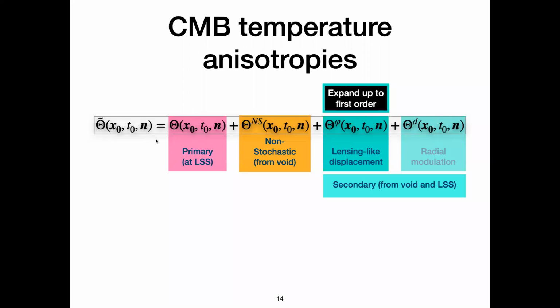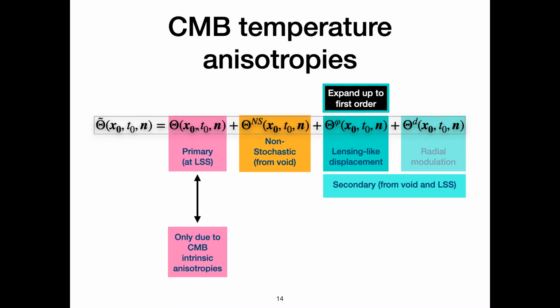The total temperature anisotropy can be expanded into mainly three factors, but there is also an additional fourth factor, which is not relevant here because it is very subdominant with respect to the other three. Starting from the left, first is the primary anisotropies, which are only due to the CMB intrinsic anisotropies.